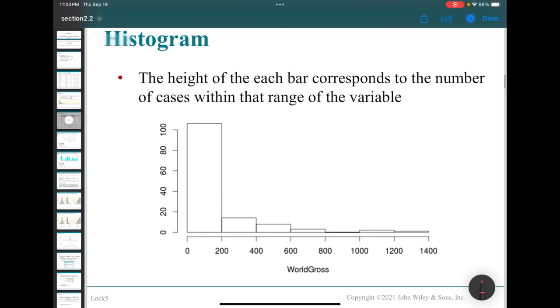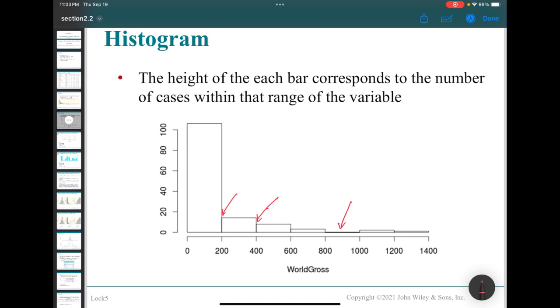So histogram, we draw histogram for quantitative variables only. It is similar to the bar chart, but there is a difference between bar chart and histogram. In histogram, we do not have gaps between bars. See, they are tied together. We have gaps only if we don't have values in that particular block.